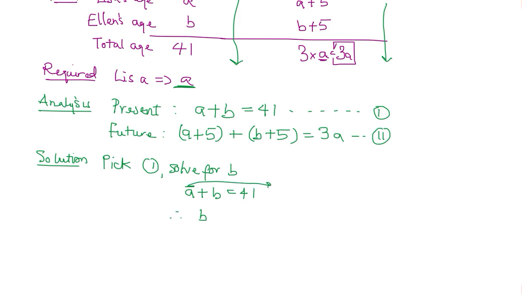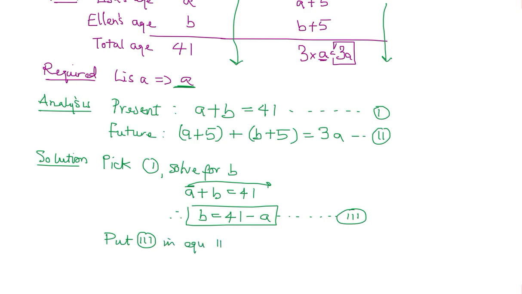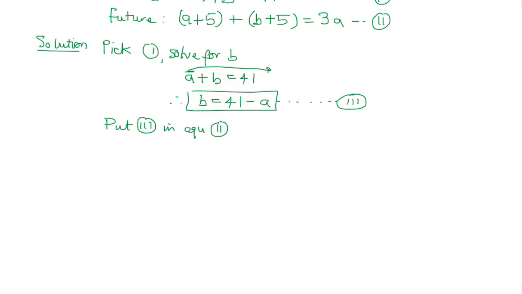So positive A becomes negative A, which means you have 41 minus A. And once you have this, which is now our equation 3 based on equation 1, we're going to pick that, solve for B, and then put equation 3 in equation 2. That is the plan. So the plan is to be able to put our B in equation 2, which is this future equation.